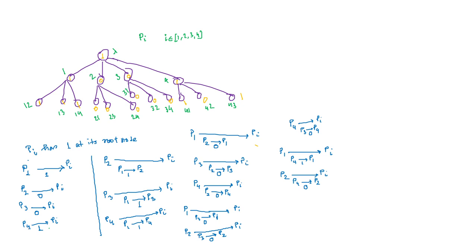So P4 claimed that its root node value is 1 to P1 in round 1, and in round 2 P1 is also telling P1 that in round 1 P4 told me that its initial value is 1, but P2 is telling P1 that in round 1 P4 told me that its initial value is 0. So there is this mismatch, right? So P4 apparently told P1 that its value is 1, P4 told P2 that its value is 0. So P4 seems to be the potential liar or the corrupt party.